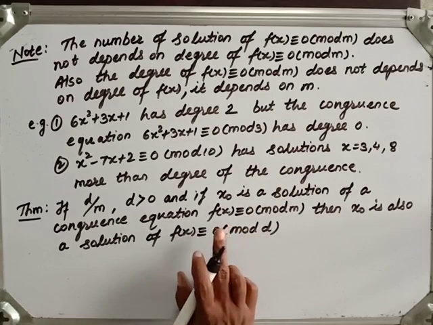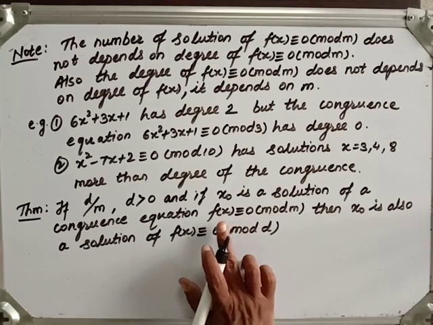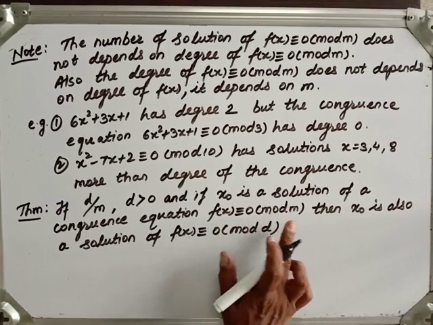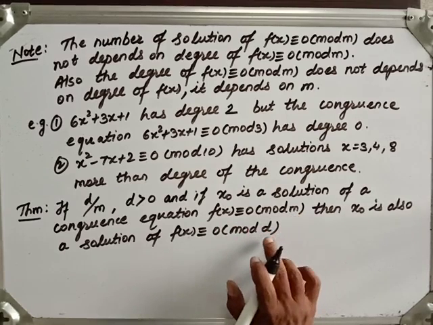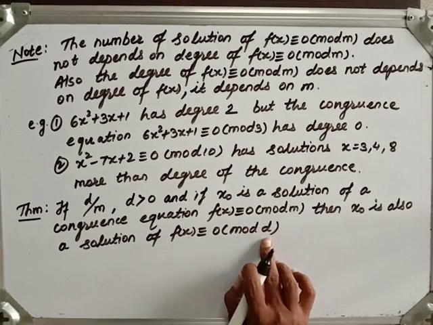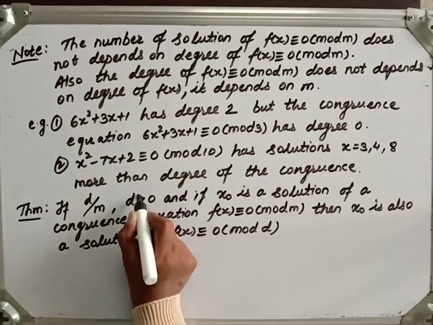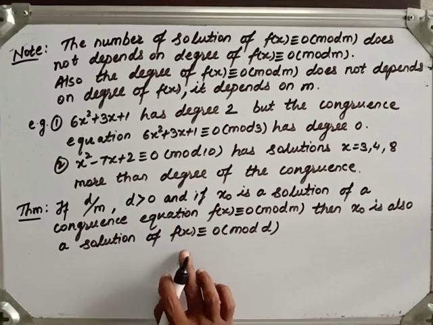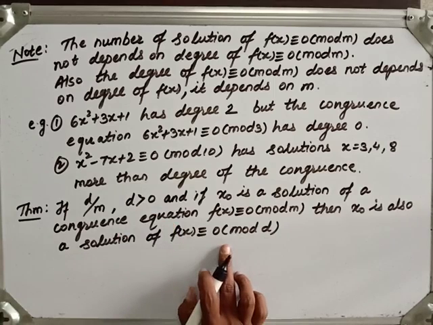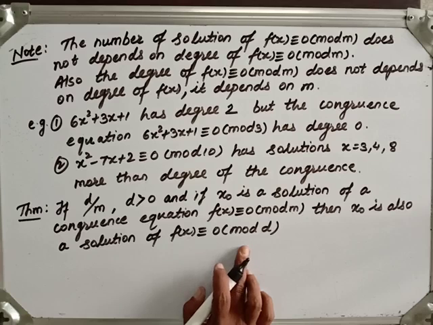It means if x naught is a solution of the congruence equation f of x congruent to 0 modulo m, then in place of m, if we put any positive divisor of it, still x naught will be a solution of that congruence equation f of x congruent to 0 modulo d.